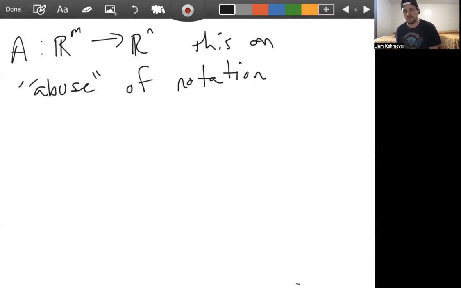Because a matrix is a matrix. It's not a function until you multiply a vector on the left, right? And so to say A is a function here is kind of odd. Like a matrix is a matrix, right? But there is a transformation that is induced by a matrix. And so for that reason, I want to fix this abusive notation. So here's some notation.